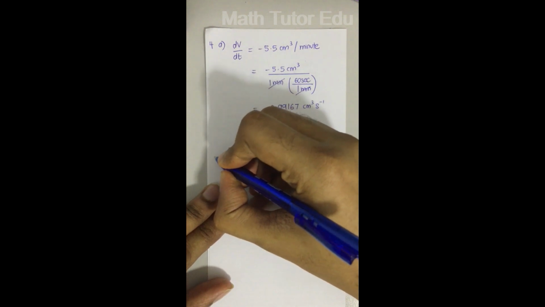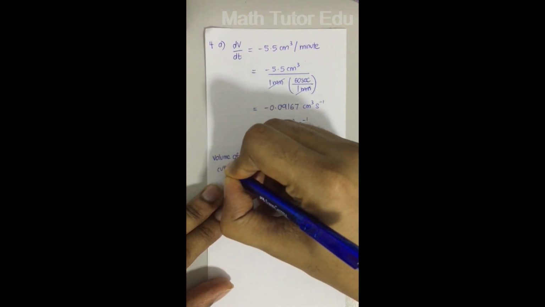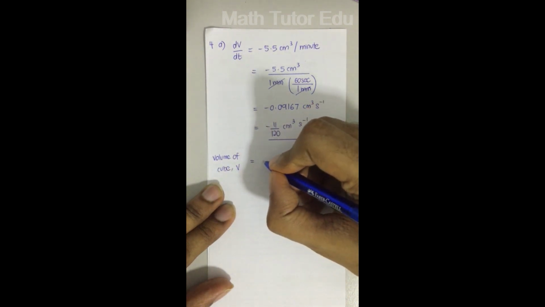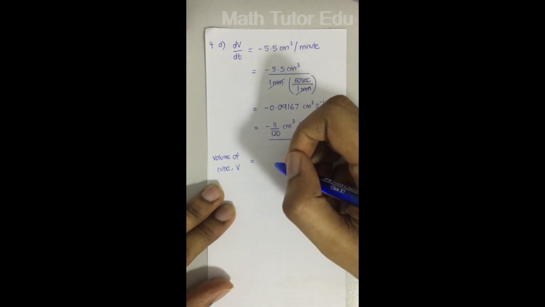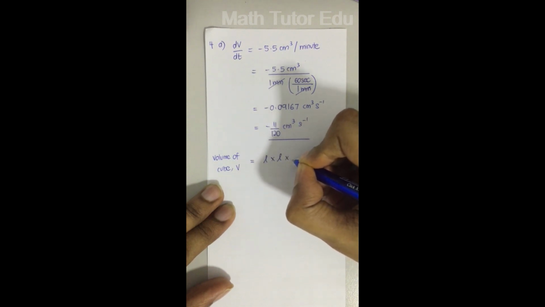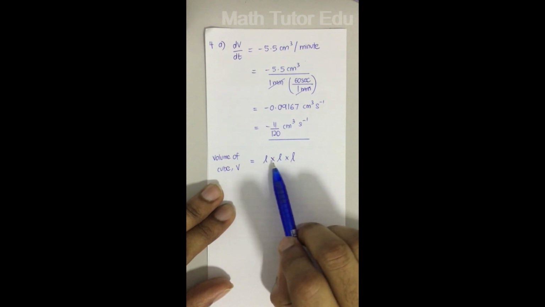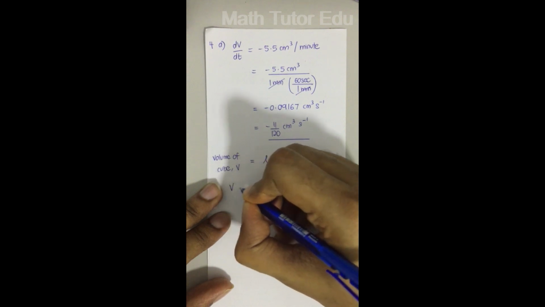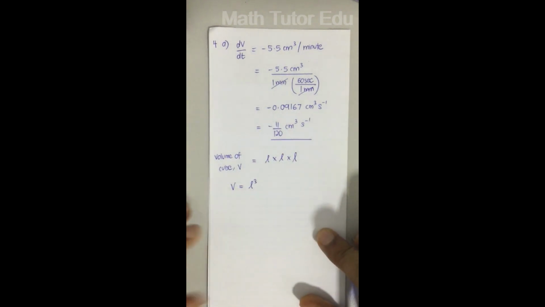Given the volume of a cube, V is equal to length times width times height. Since it is a cube, all three sides are the same, so we denote it as L times L times L. So the volume of the cube, V, will be equal to L to the power of 3, or L cube.